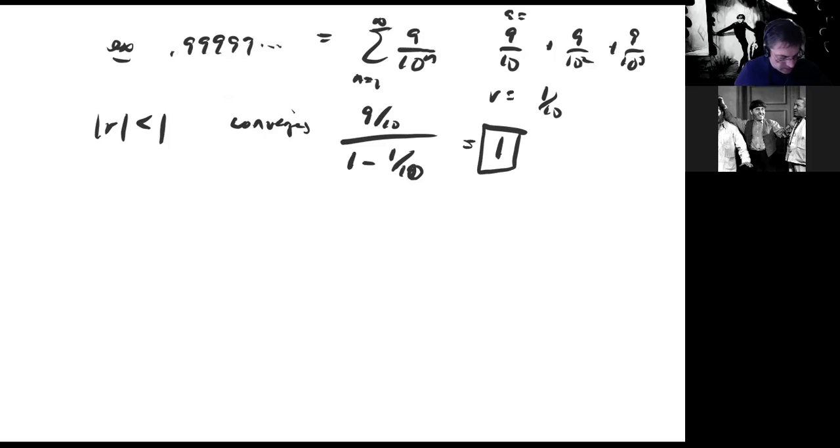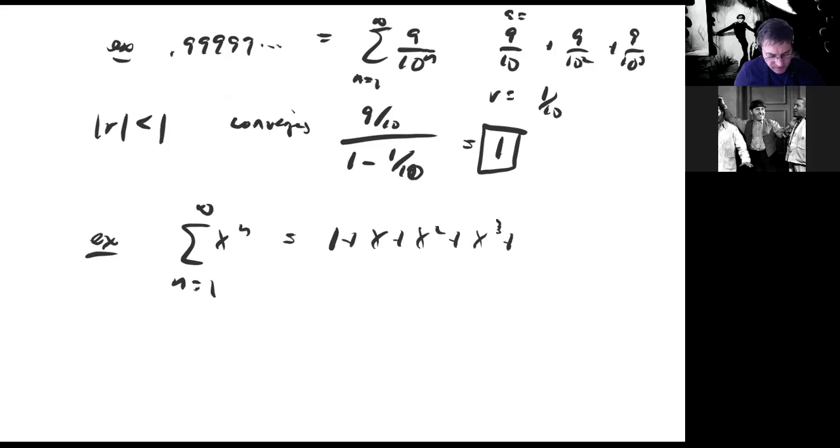Here's one more example that comes up later in the text a lot. What if we look at the summation of x to the n, going from 1 to infinity? You can think of that as 1 plus x squared plus x cubed. It's like an infinite polynomial in the variable x. Now let's assume the absolute value of x is less than 1. It's obviously geometric.